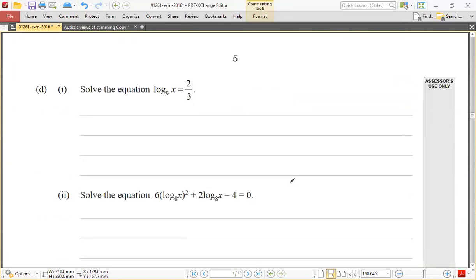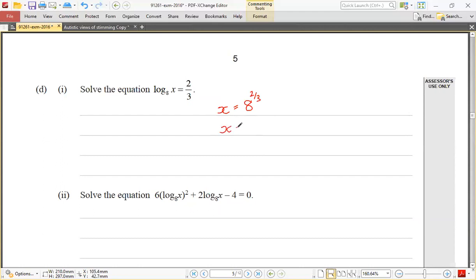Right. This one, you know how to do that, do you? Yes, please say yes. So x equals 8 to the power of 2/3. 8 to the power of 2/3 equals x.